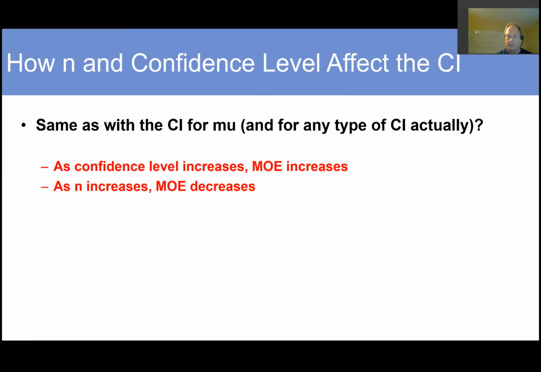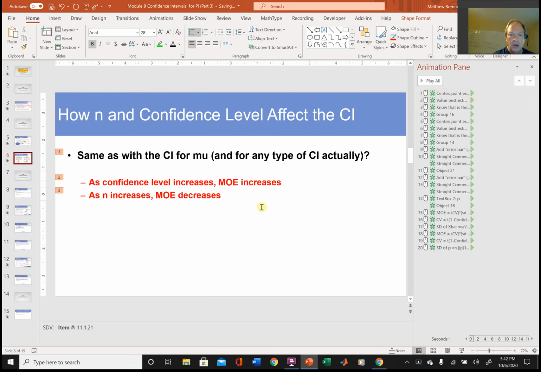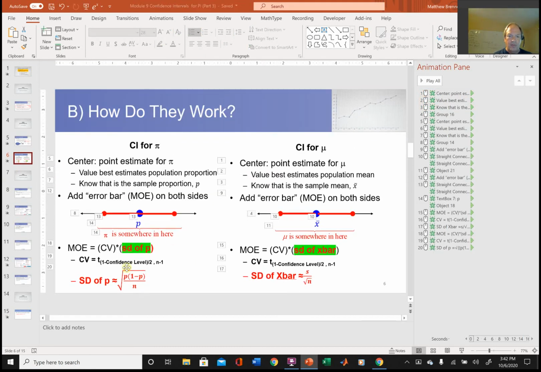As the confidence level increases, the margin of error increases. And this shouldn't be any surprise, because if we go back and look at the expressions for the margin of error for the confidence intervals for both pi and mu, we see that they have the same critical value, and this is where the confidence level comes in.